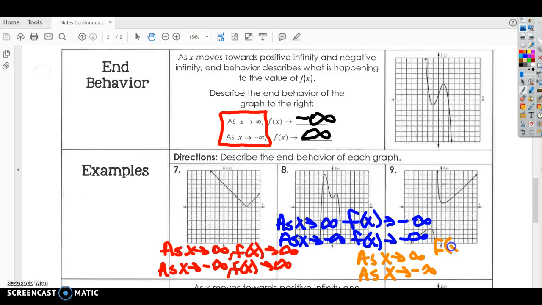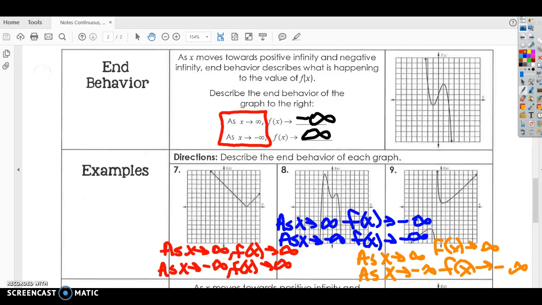F of x approaches infinity. And then we look at as x goes to the left, or as x goes to negative infinity, f of x approaches negative infinity.